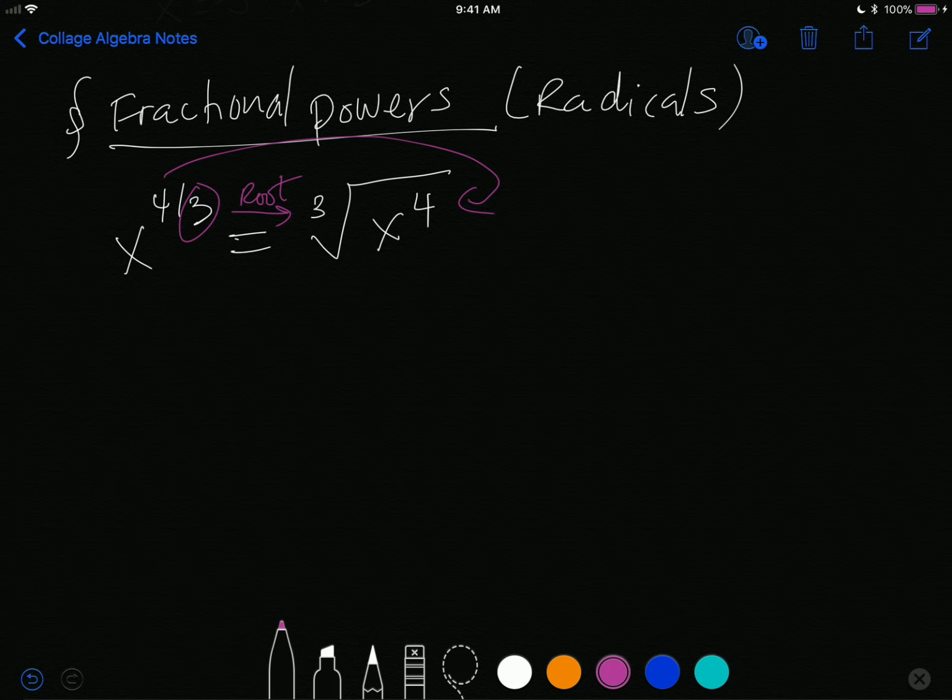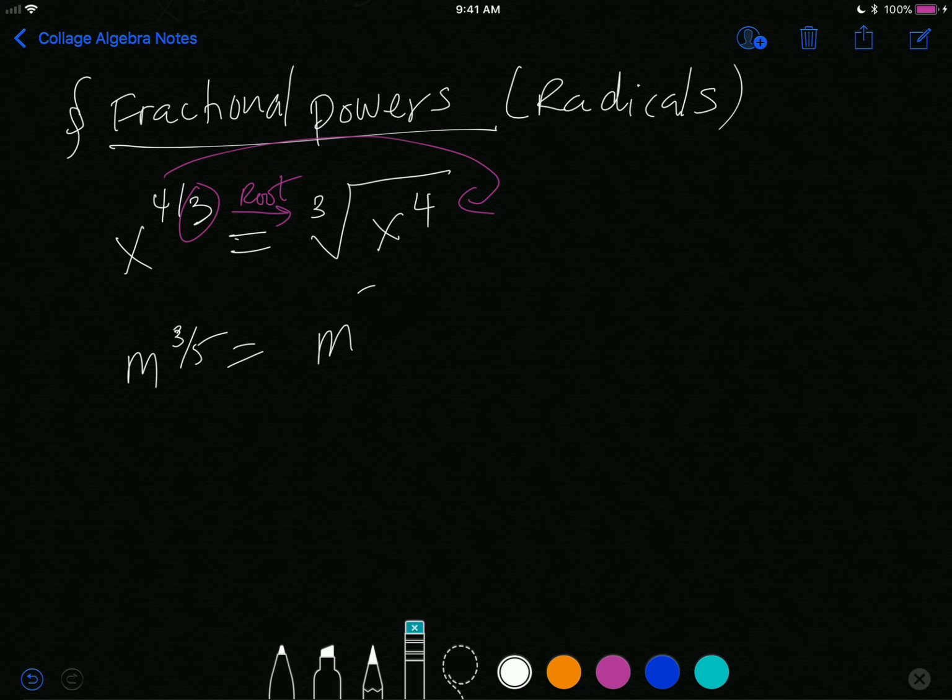Again, let me write another example. Let's say I have m and I'm taking the 5th root and raising it to the 3rd power. This is going to be m to the 5/3. A nice little shortcut that I like to do is I erase the radical and then divide by the power.